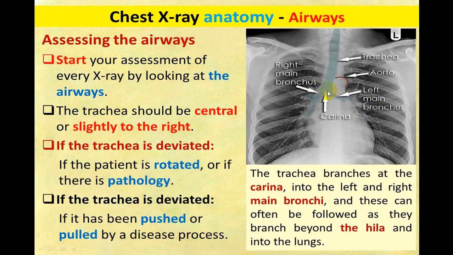This is acute, but it will become more obtuse because of lymph nodes or left atrial enlargement. So just have a look at that particular carina angle. It may be helpful in some conditions.